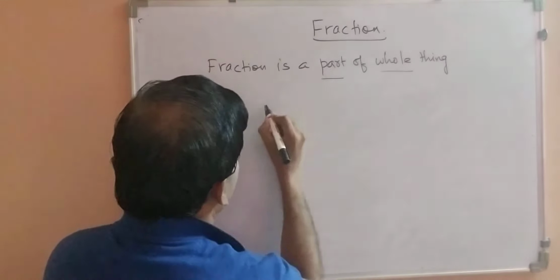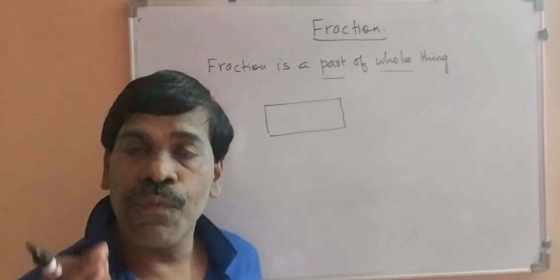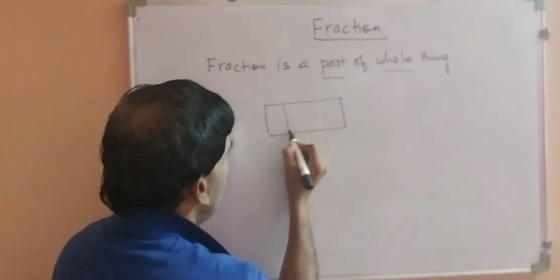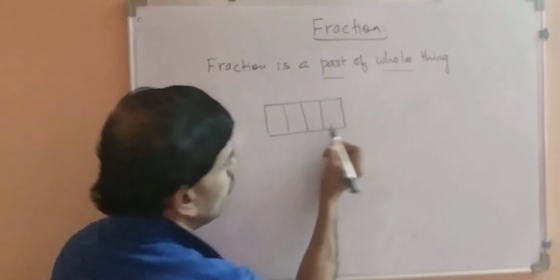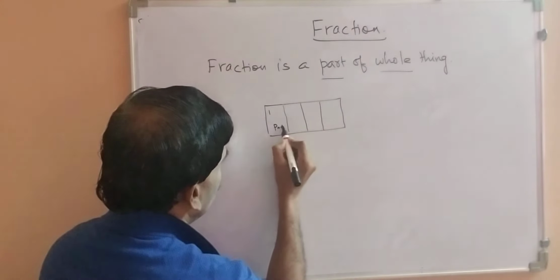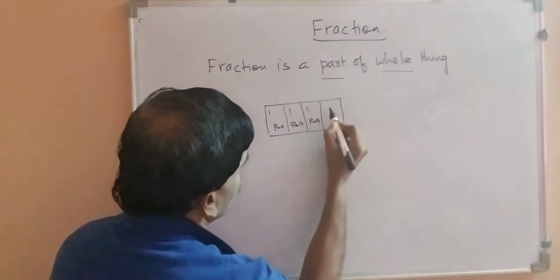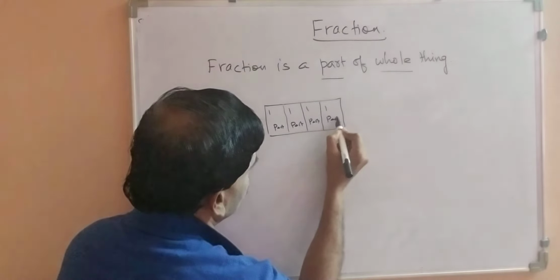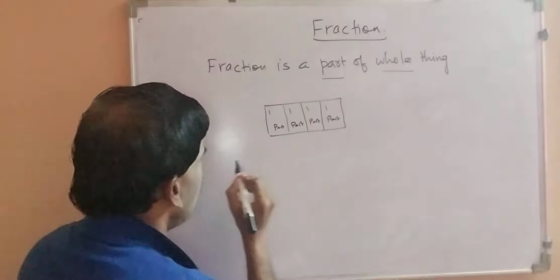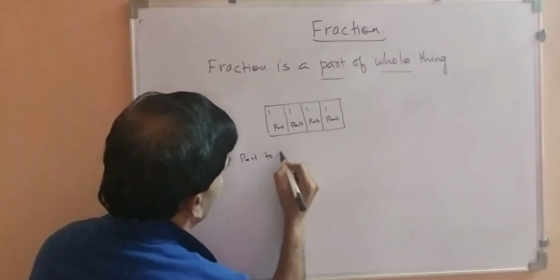Now, the same cake I am having. I am dividing it into four equal parts: 1, 2, 3, 4. So, one part, one part, one part, one part. I am going to give one part to Mohan.